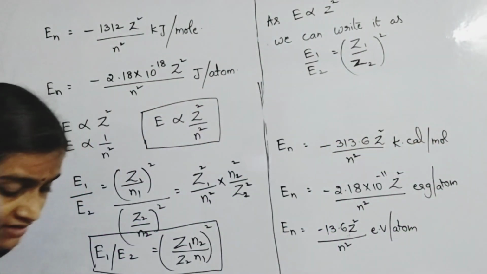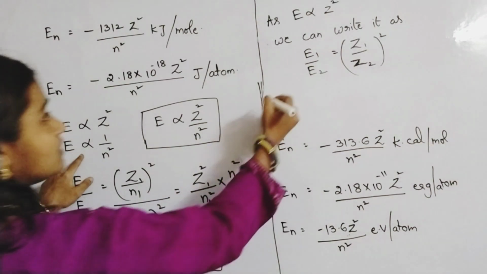Now E1 by E2 based on the other relation.